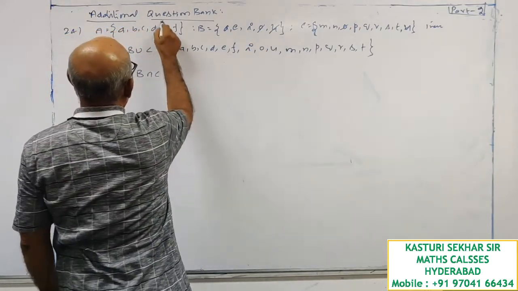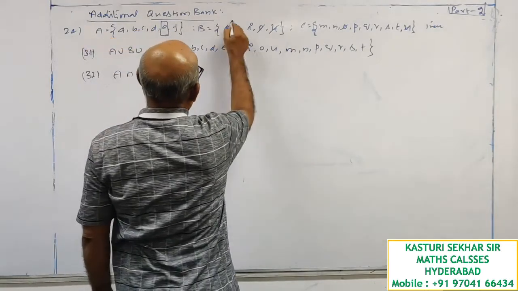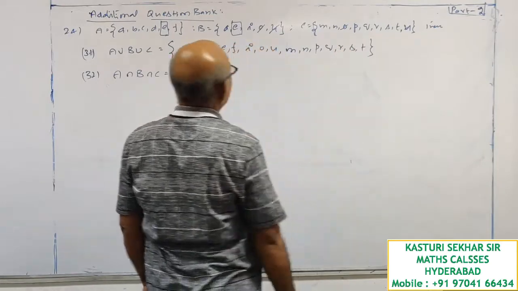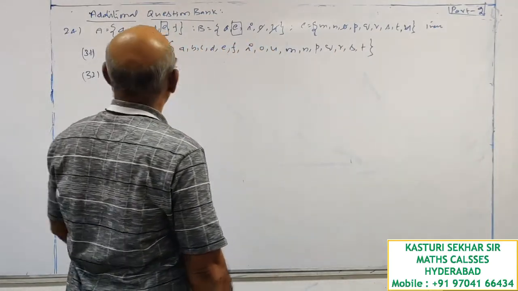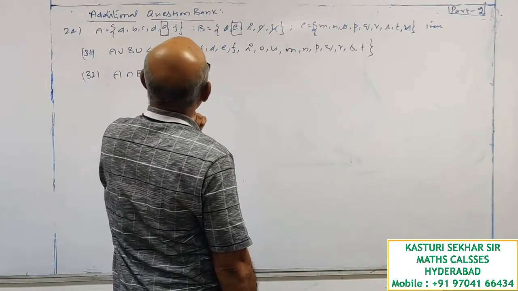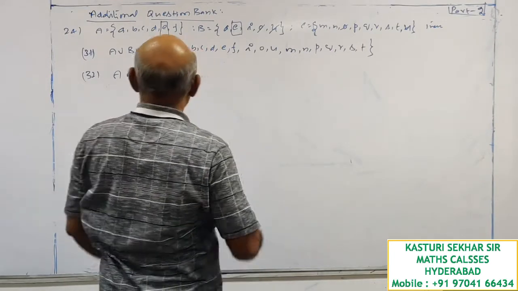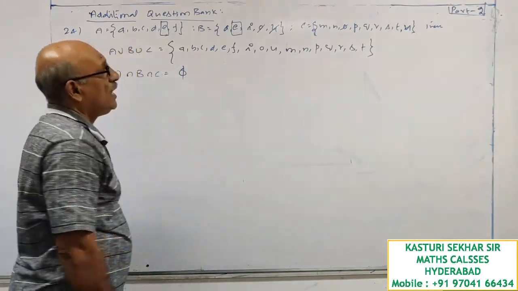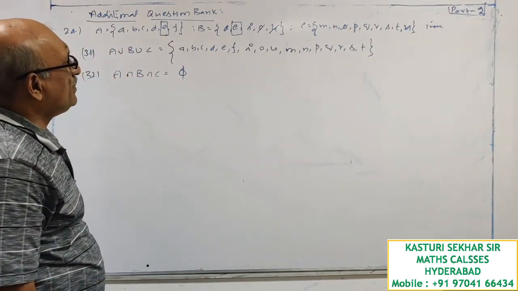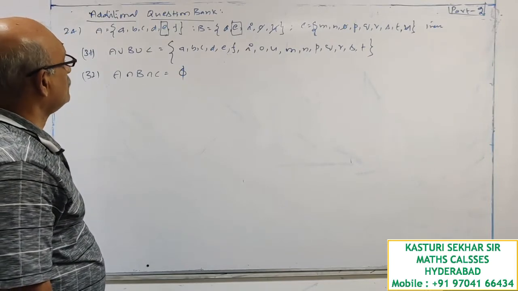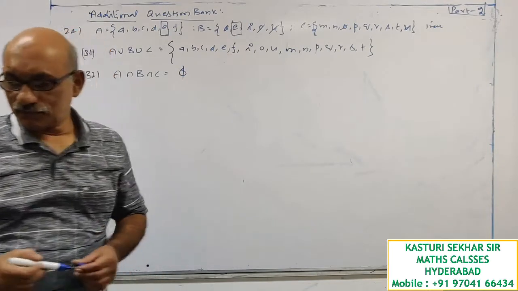Element E is in A. Element B is in B. Element E is not in C. So A intersection B intersection C is an empty set. There is no element which is common. Empty set.